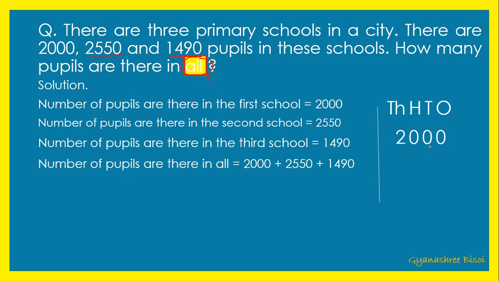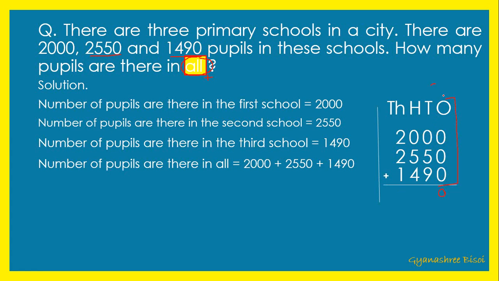Accordingly, write the next numbers, 2,550 and 1,490. Written? So I need to put a plus sign because I need to perform addition. Then draw a line. Now we know that we will start adding from ones place. So at ones place I have 0 plus 0 plus 0. That becomes 0.